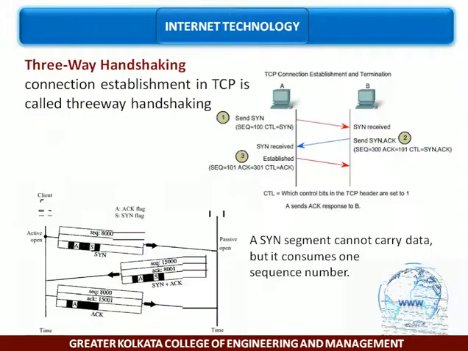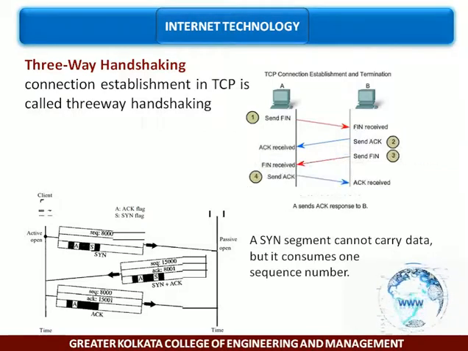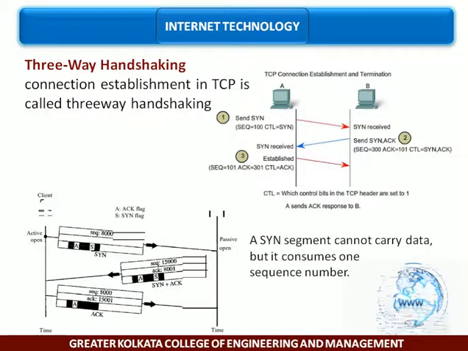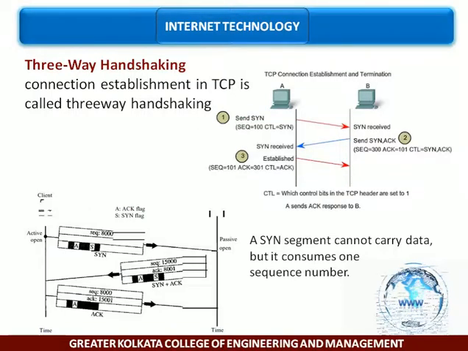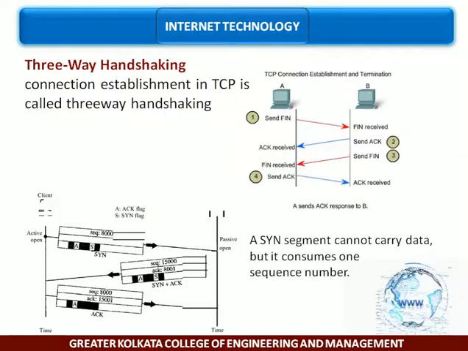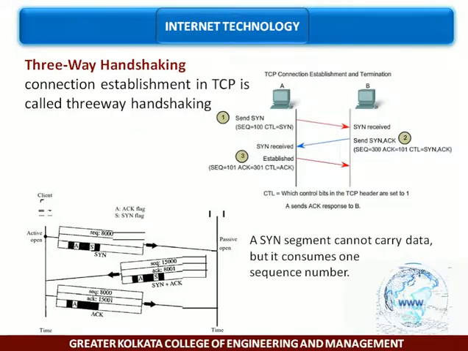Now, we need to transmit data. TCP transmits data in full duplex mode. When 2 TCPs in 2 machines are connected, they are able to send segments to each other simultaneously.